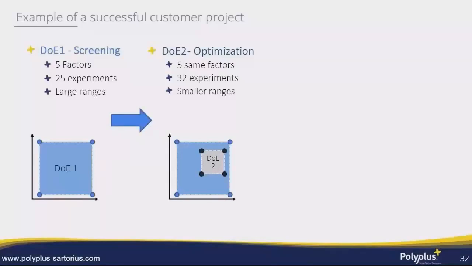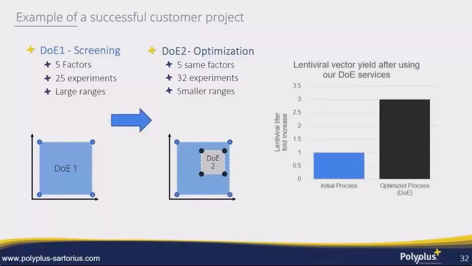So we needed to look at a smaller design space to really see where we can push the response. All factors were important, so we kept them, but we did more experiments in the second round with smaller ranges, and we were really able to pinpoint the exact condition where the titer would be maximal.